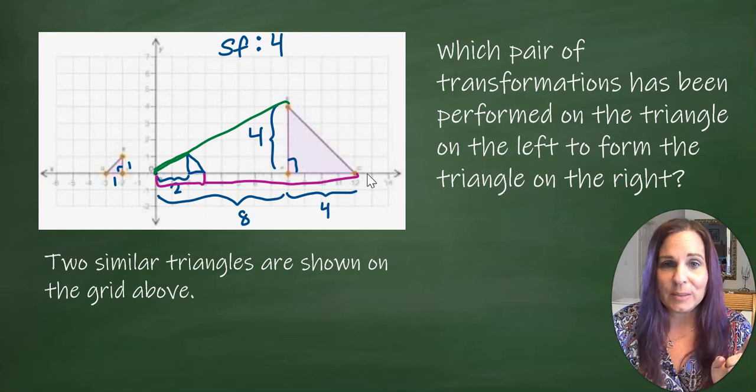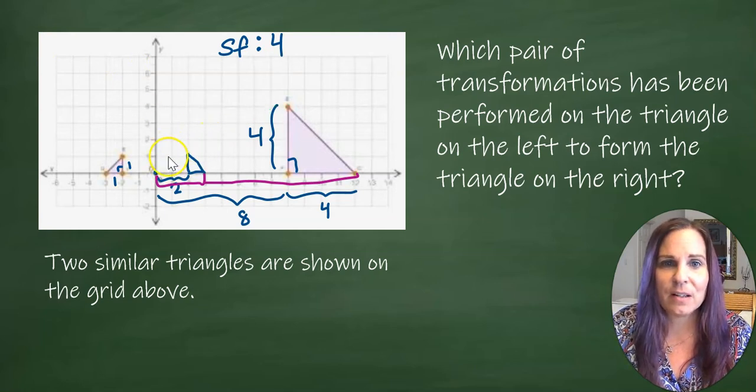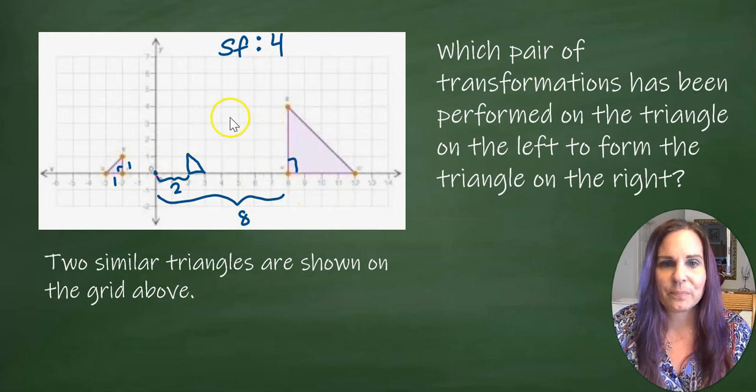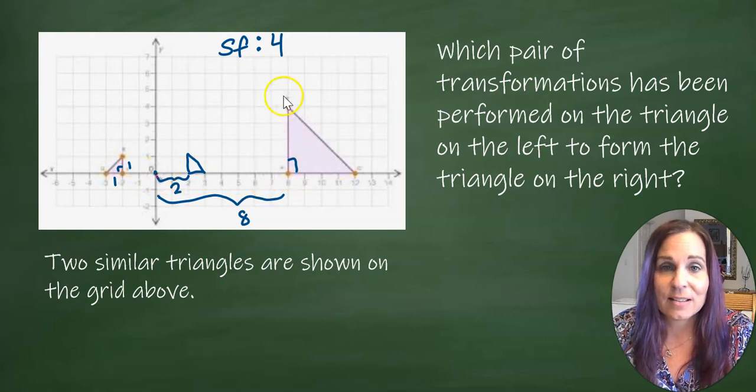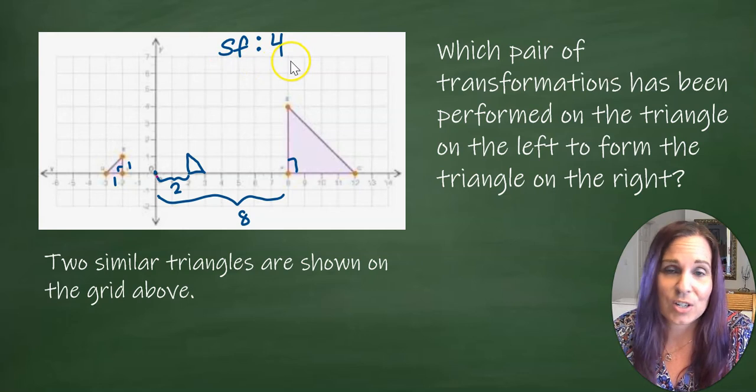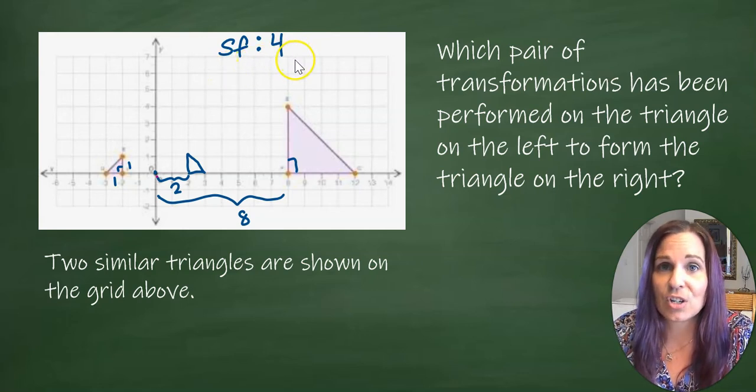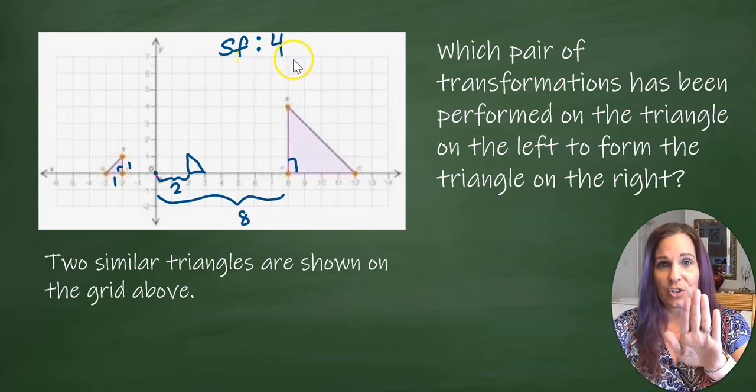So if we look at the distance, let's just look at that first point so that it's a little less confusing, because now we've got all these segments on here and I don't want it to get muddled, right? If we just look at this very first one here, our original distance from 0, 0 to that right angle point was 2. Now that distance is 8. That fits our scale factor. So what that tells me is that there's no translation happening here. It's just a dilation after that reflection, right?